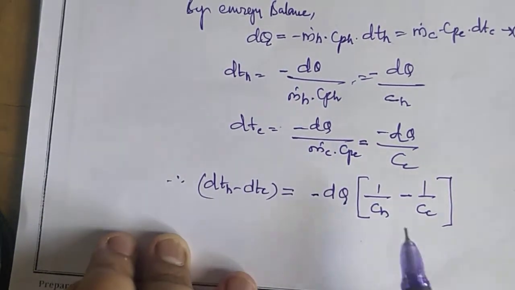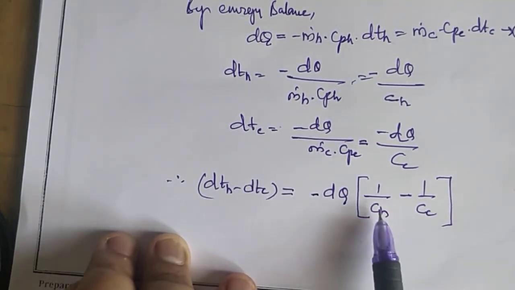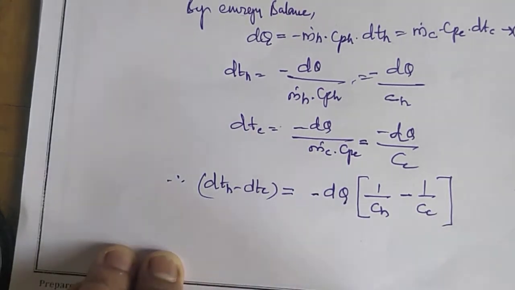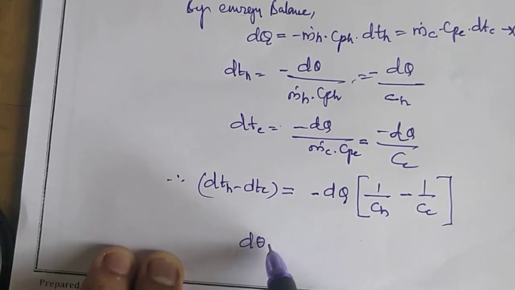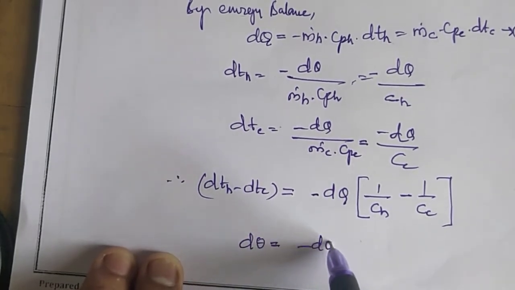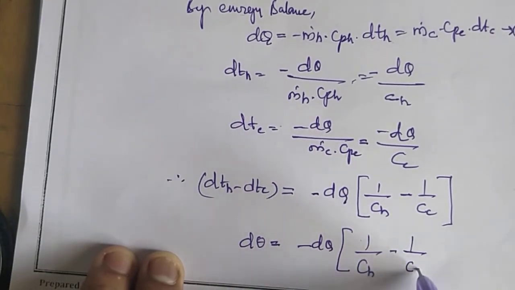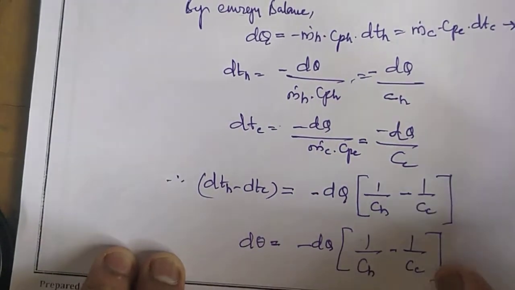You can observe that in the case of parallel flow it is plus, here it is minus. So d theta is equal to minus dq (1 by CH minus 1 by CC).